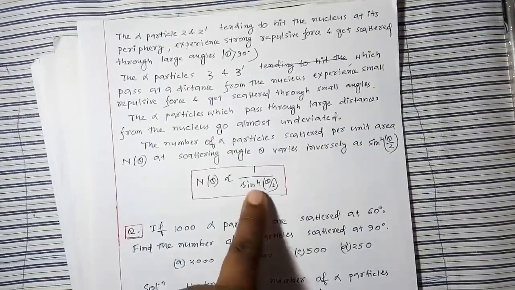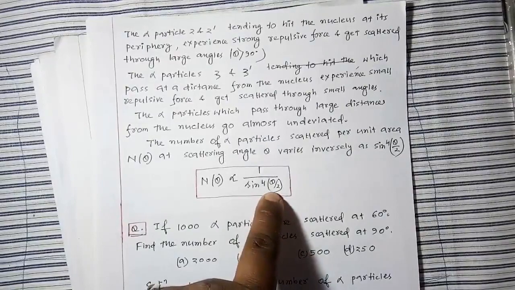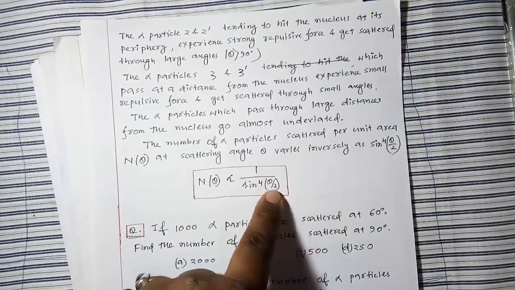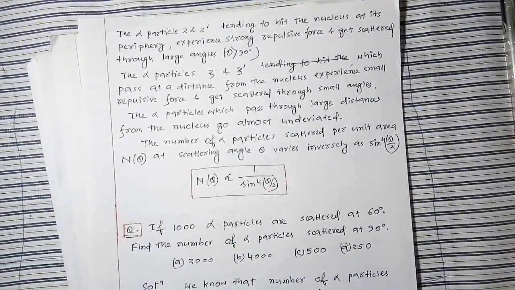It's very easy, yes or no? If the scattering angle is very high, the number of alpha particles will be very small, right? For example, if the value of theta increases, what will happen to sine?